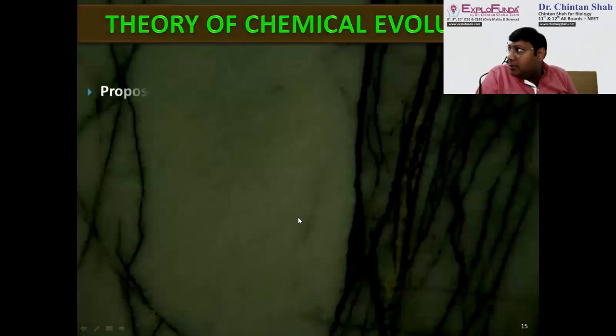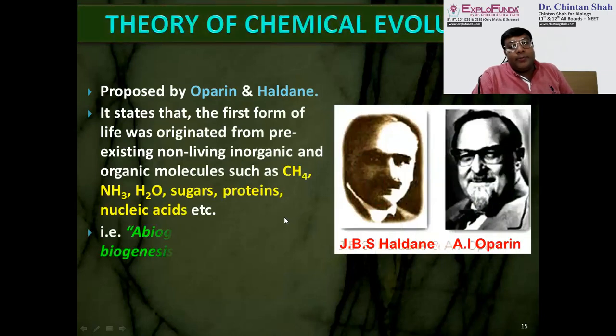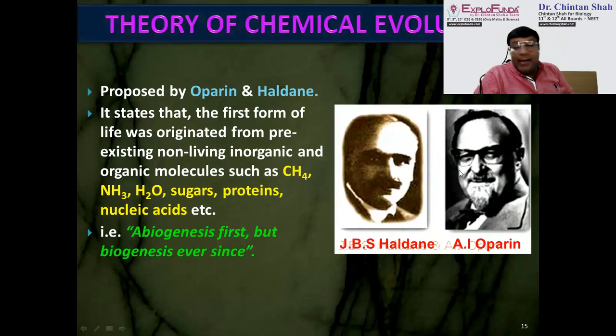And now comes the real one, what we have studied, that's known as the theory of chemical evolution. It was proposed by Oparin and Haldane, and both were not residents of the same area, but they got the same telepathy, same kind of thought.